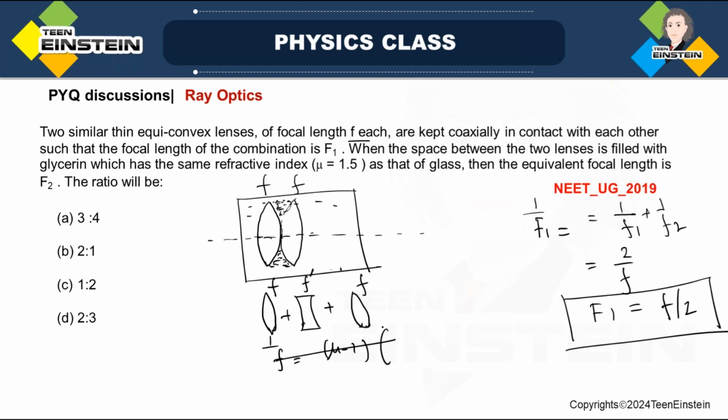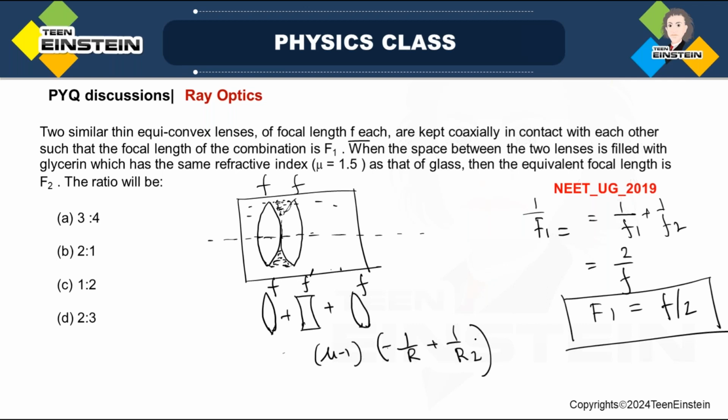So what I'll get? See then, focal length for this one will be, because this is my mu minus 1, and then I'll have 1 over R1 plus 1 over R2. Finally, I'll just take the minus out from here.